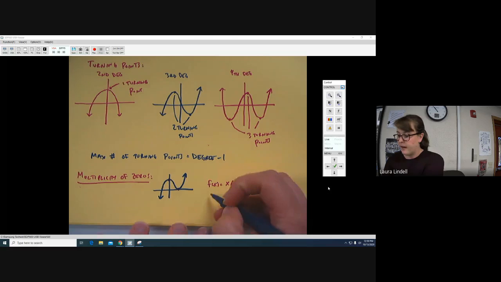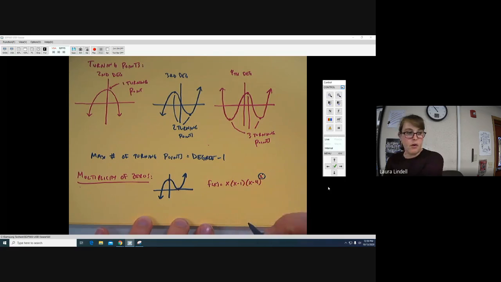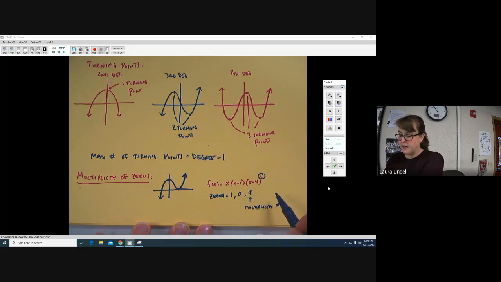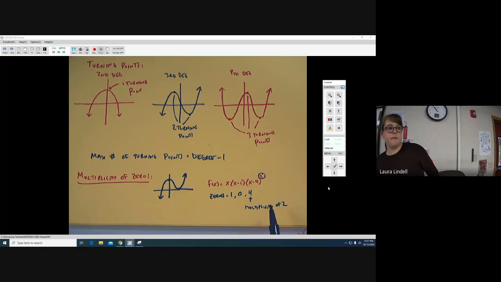If I was asked to find the zeros for this polynomial, the zeros would be 0, 1, and 4, but 4 would have a multiplicity of 2, because that's how many times it exists as a zero of the function.